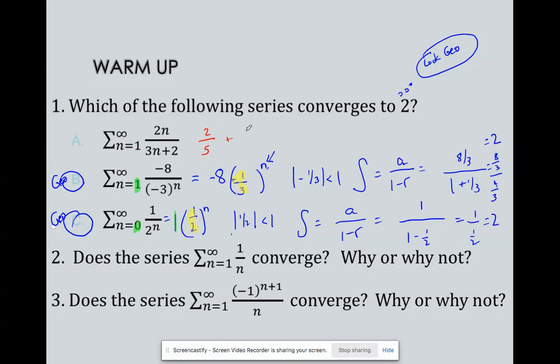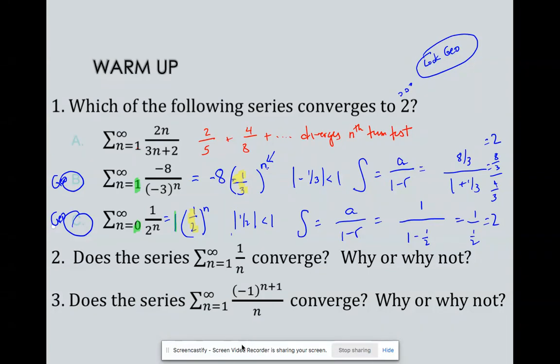Plug in 2, 4 over 8. These terms are not going to 0, so this series diverges by the nth term test for divergence. So B and C are the series that converge to 2.